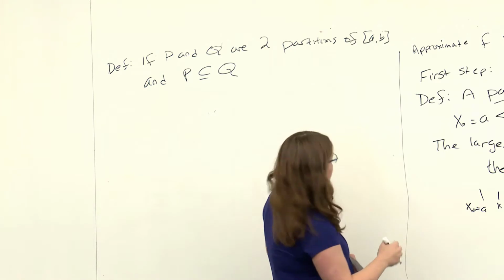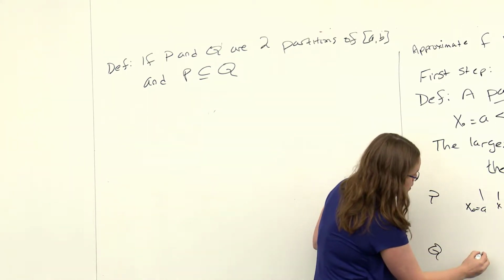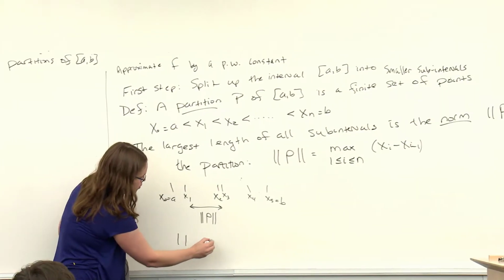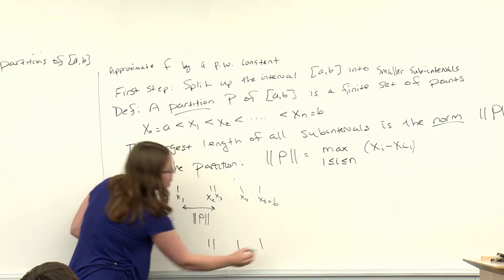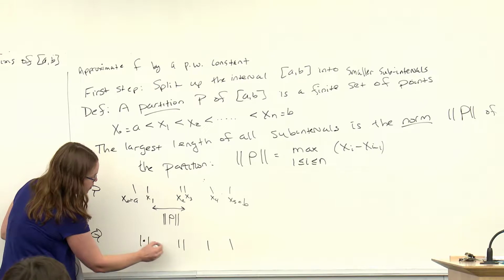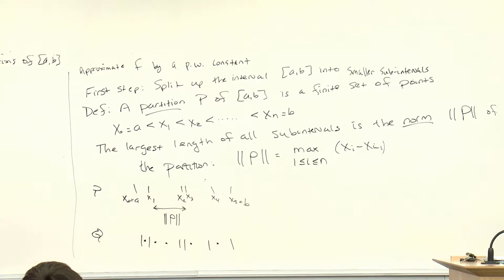That means if P is a subset of Q, so if this is P, and then I have Q here, everything in P is also in Q. So all these points are also in Q. But then there may be other points that are also in Q. So Q may also include this point and this point and this point. Right? So Q contains everything in P plus more. We've added more points. We've potentially reduced the size of the norm of Q. Then we're going to say that Q is a refinement.